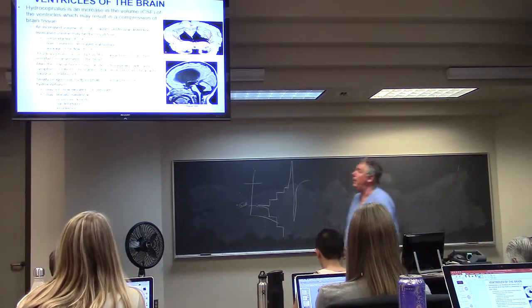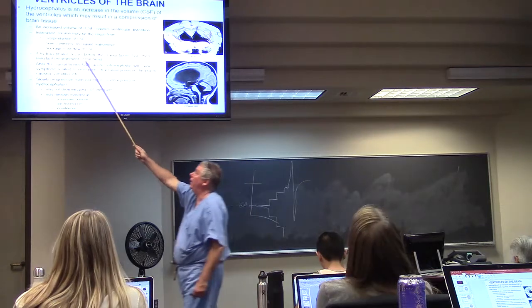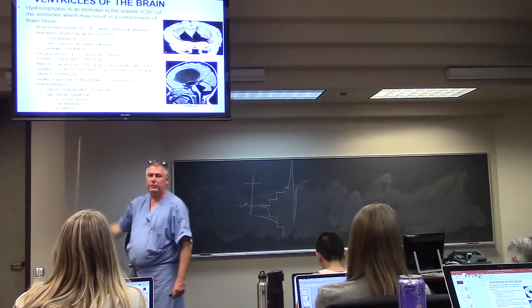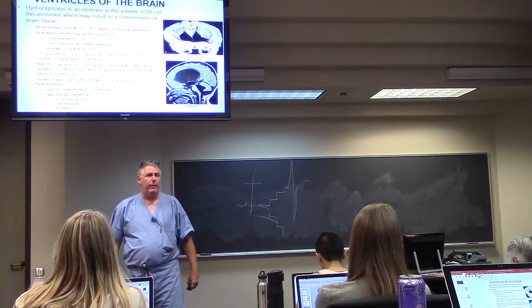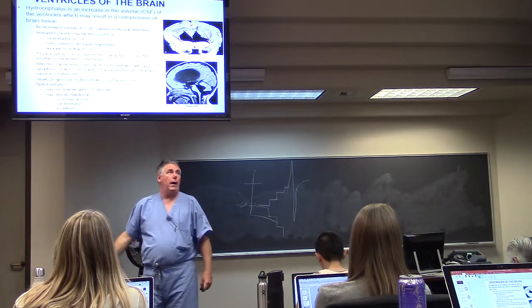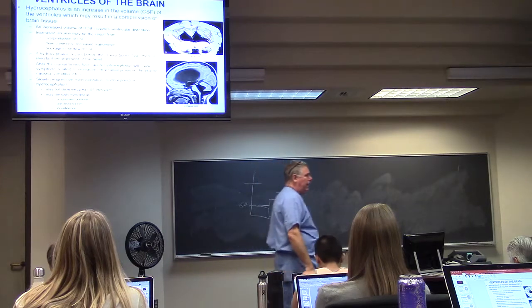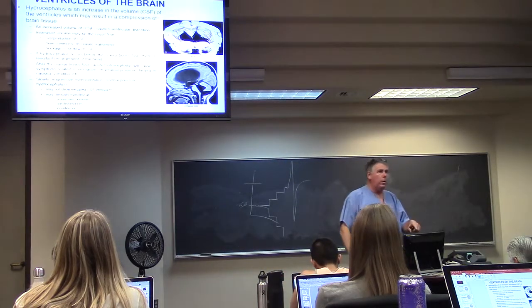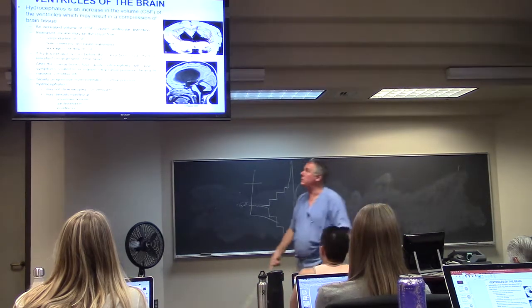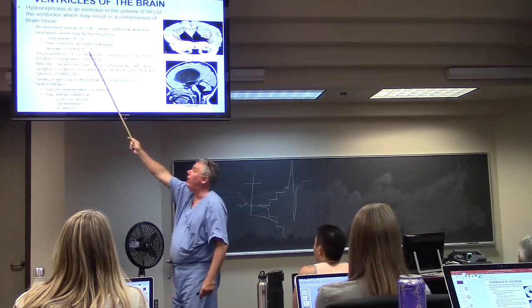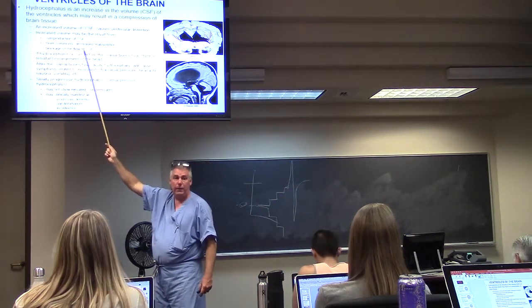It says here that you get hydrocephalus from an overproduction of CSF, rare. I don't think I've ever heard of that. It says more commonly decreased reabsorption, and that's true, but it's true because typically the flow of CSF is blocked.